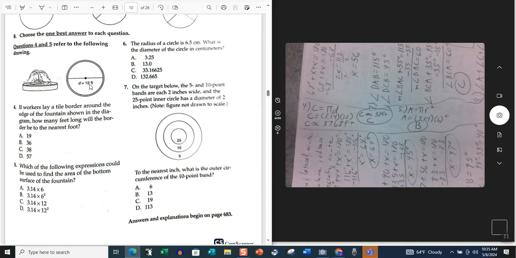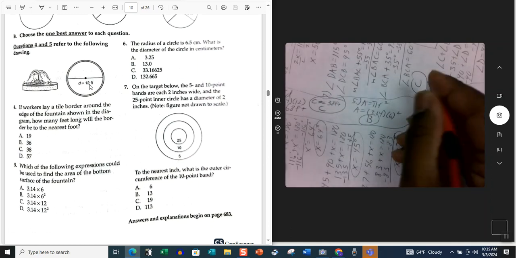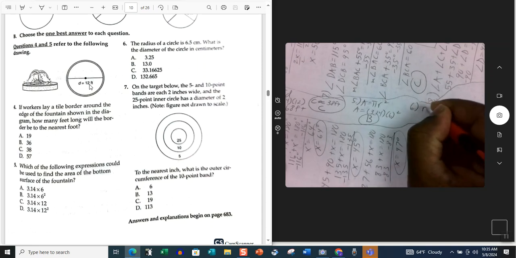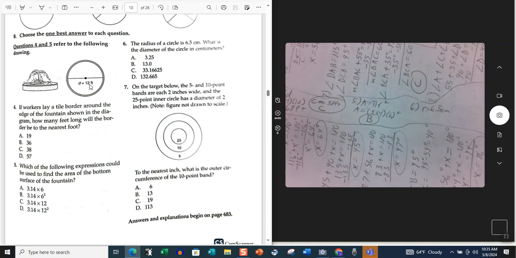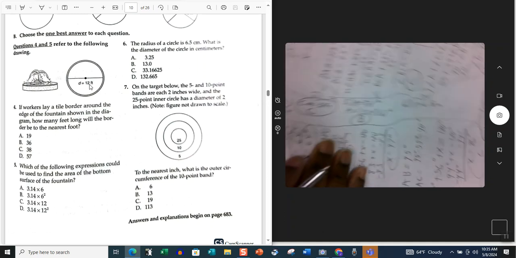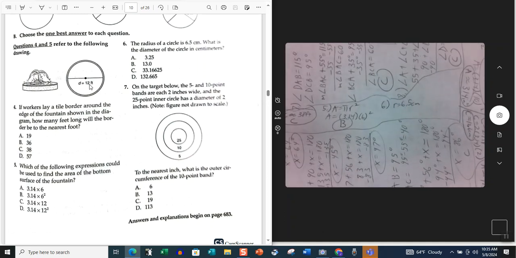All right, now we go to number 6. It says the radius of a circle is 6.5 centimeters. So let's write that down. So for number 6, R is 6.5 centimeters. So now we know our radius. Okay, now it says what is the diameter of the circle in centimeters?